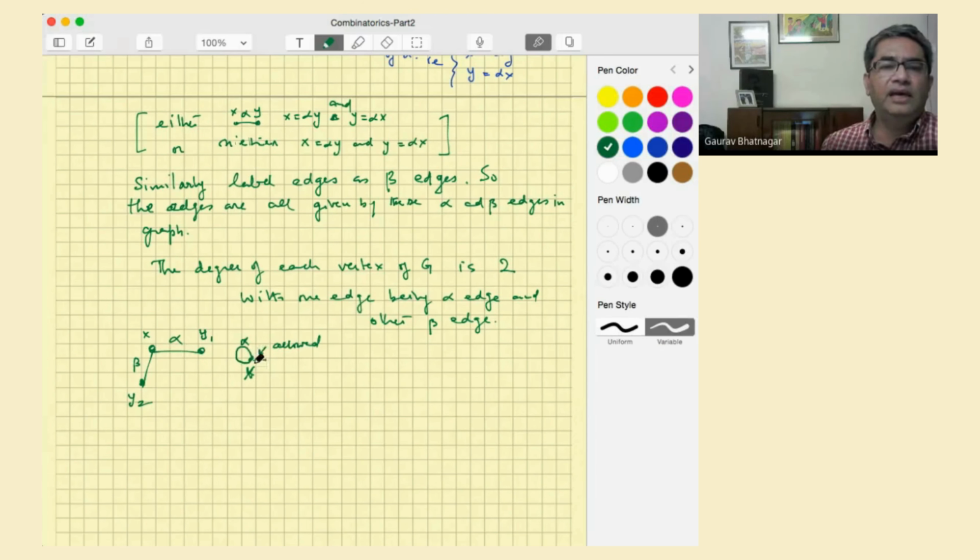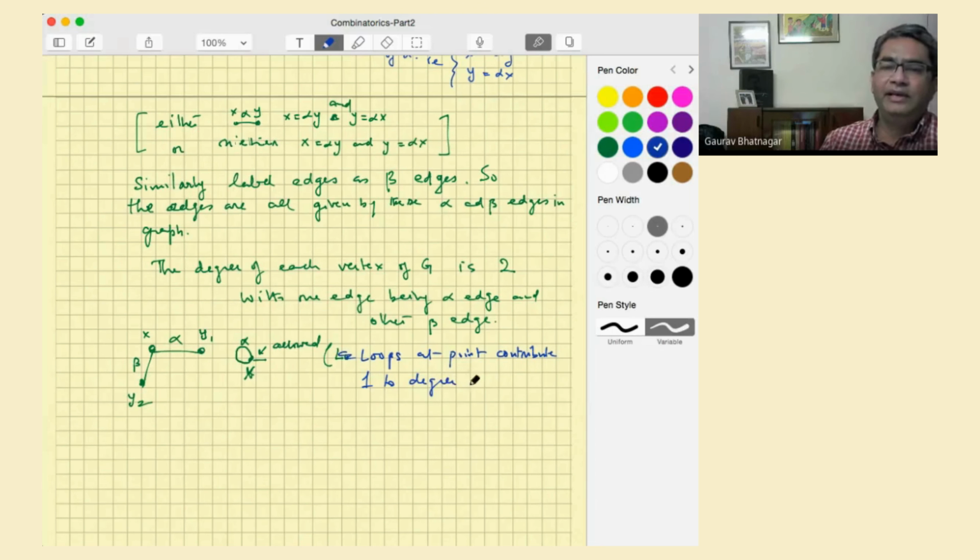This is also counted once. This is what I'm saying. So loops, I should put a different color. Loops at a point contribute 1 to the degree.